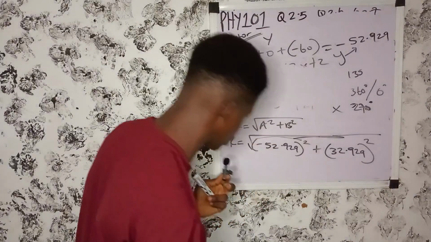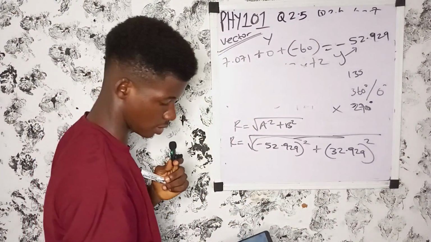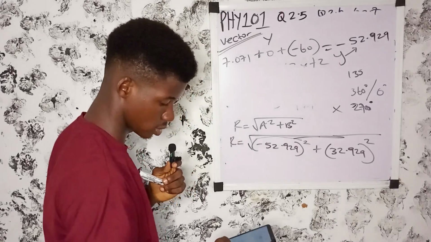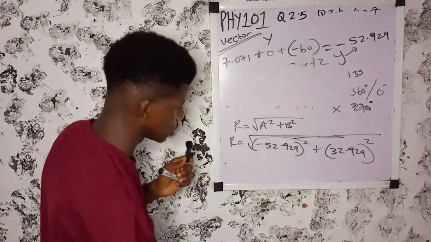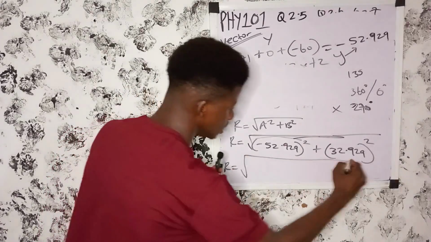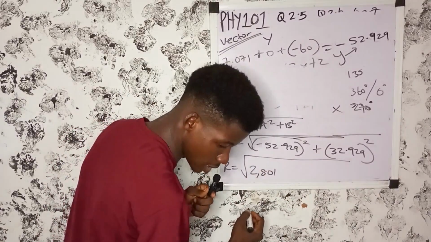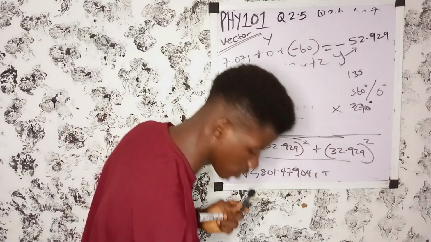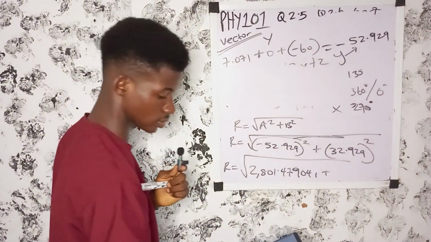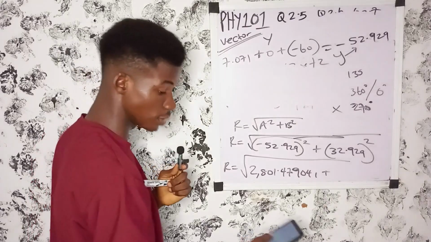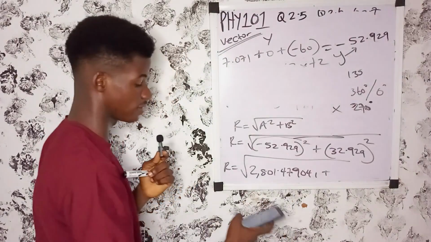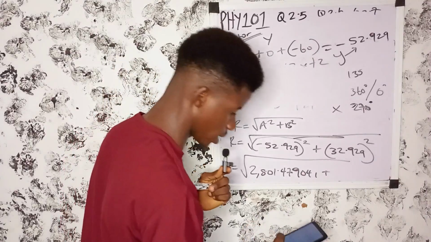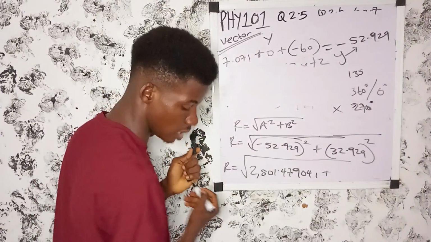So the square of minus 52.929 is 2801.479041. Then we add the square of the other value, and we take the square root of everything.